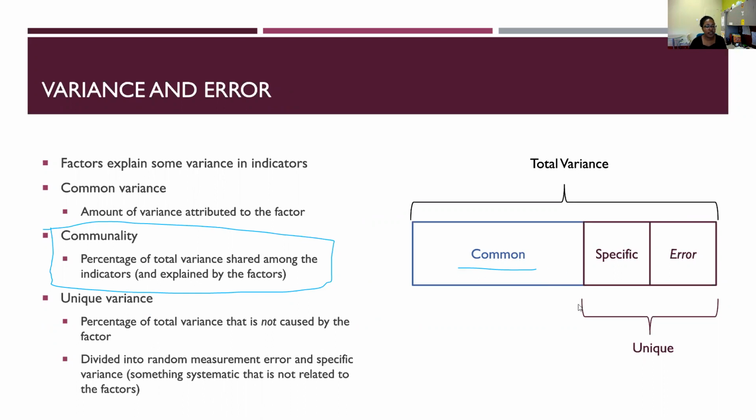And so in that case, we have something called unique variance that we can divide into two things. So the unique variance is divided into error variance. So that's just random noise that you can't control. And then specific variance is something systematic that's not related to the factors. And we can do something about specific variance.